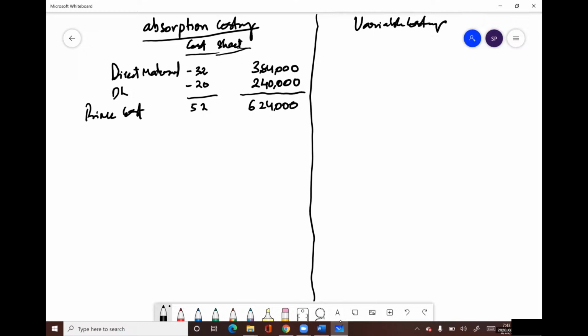Sir, then variable manufacturing overhead, sir. 15 rupees per unit. 12,000 into 15 is 1,80,000, sir. Fixed manufacturing overhead 6 rupees per unit.